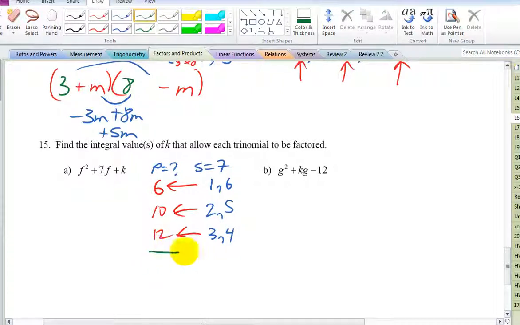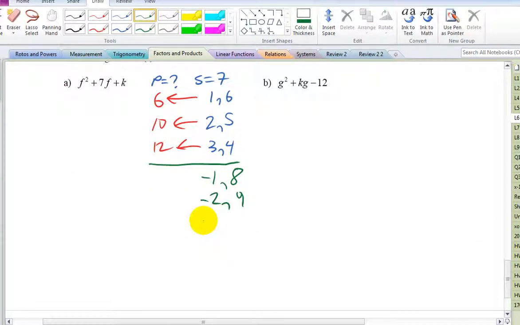Yeah, there's a ton. In fact, there's an infinite amount. Because what about negative 1 and 8? Negative 2 and 9, negative 3 and 10, and negative 4 and 11. So we could go all the way until infinity.